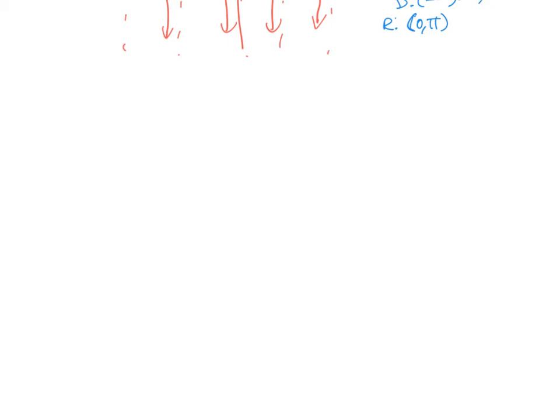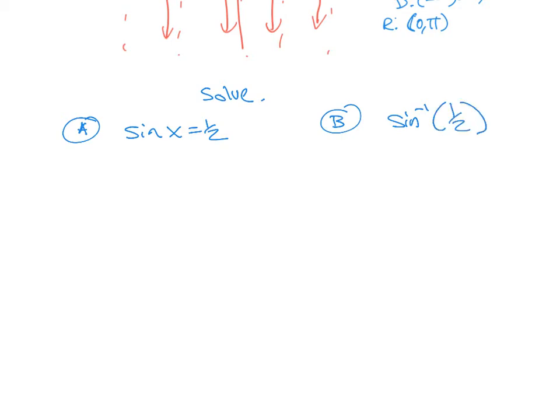If I said solve, and problem A was the following: sine x equals 1/2, and problem B was inverse sine of 1/2 equals x. These are very different problems. Problem A has infinite solutions because there's infinite angles when I plug it into the sine function where I get 1/2.